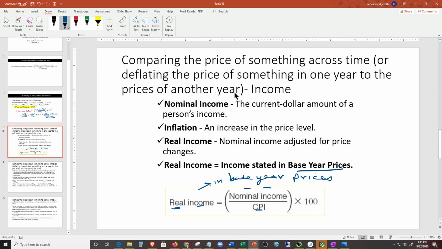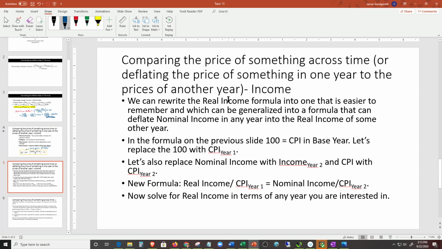And the reason I know that is that this can be changed into a ratio similar to the formula I'm going to introduce, which the textbook doesn't, comparing the price of something across time or deflating the price of something in one year to the prices of another.